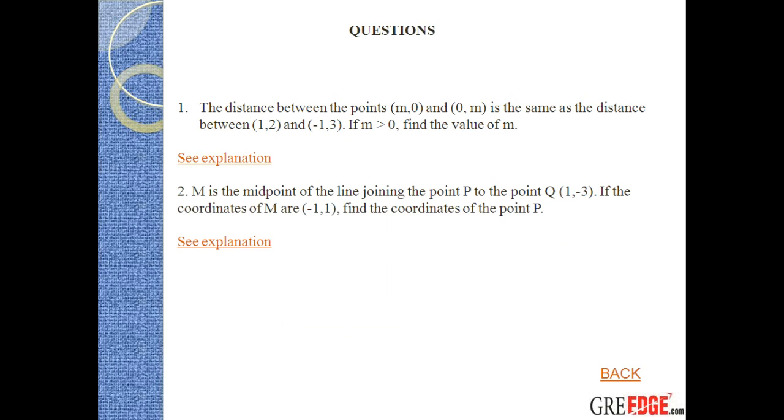A set of points M, 0 and 0, M is given, and another set of points 1, 2 and minus 1, 3. The distance between these 2 points is the same as the distance between the first set of points. What we have to find is the value of M, and it is given that M is greater than 0.